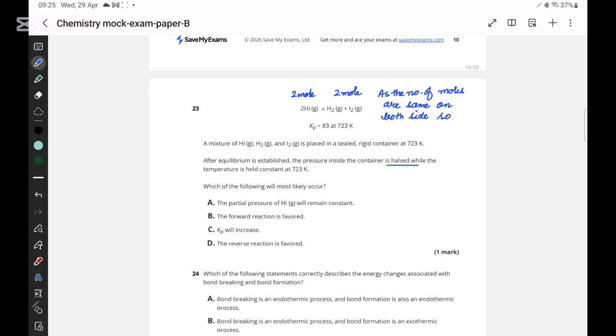Equilibrium will not shift if pressure is changed. So if equilibrium is not changing, the number of moles will also not be changing, and the partial pressure of HI or H2 or I2 will remain constant. So option A is going to be the right one.